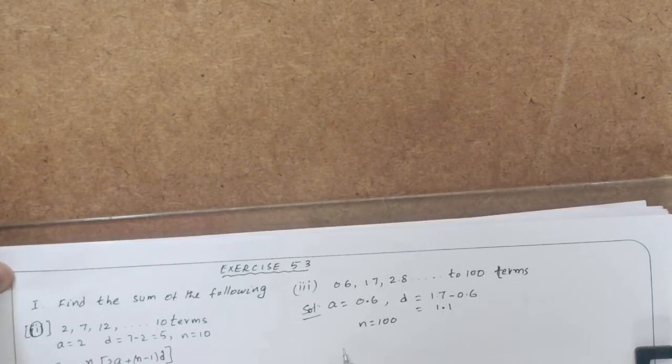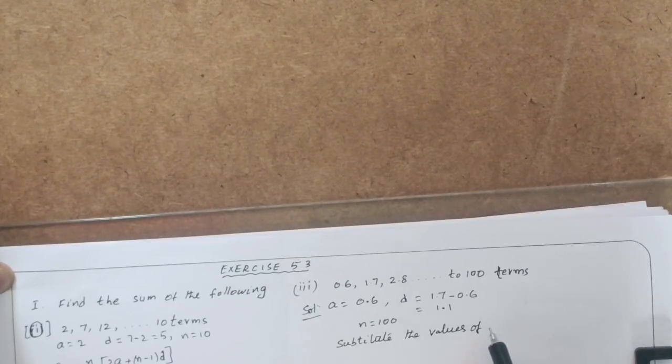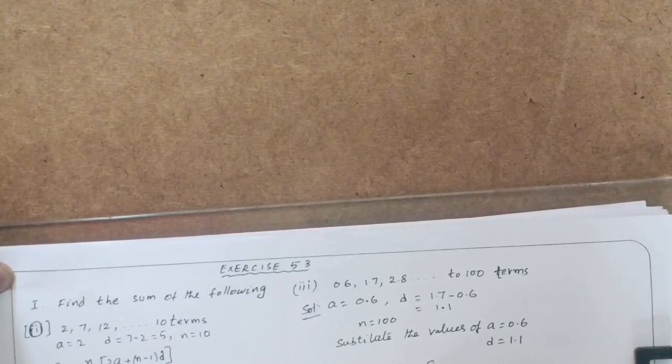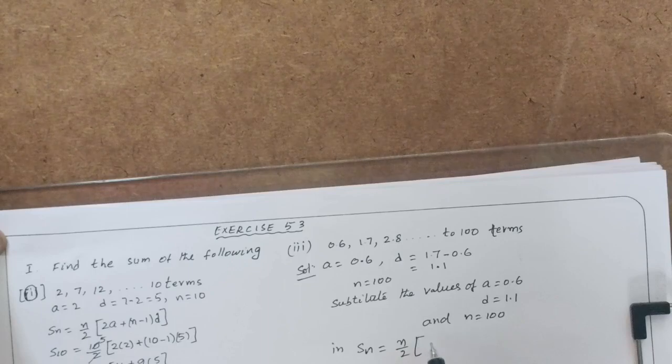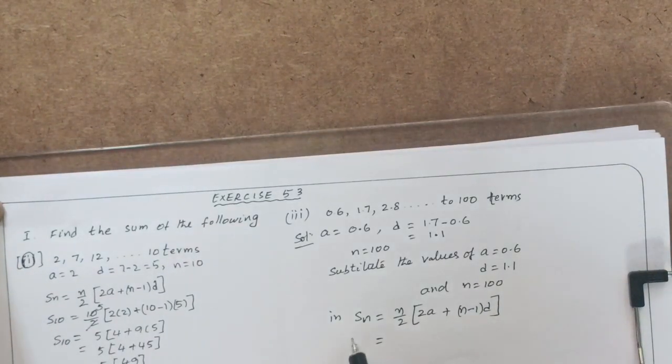Substitute the values a equals 0.6, d equals 1.1 and n equals 100 in Sn equals n by 2 into 2a plus n minus 1 into d. That equals S100, since n equals 100.